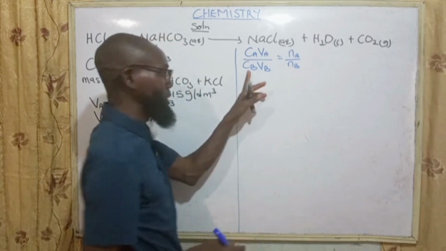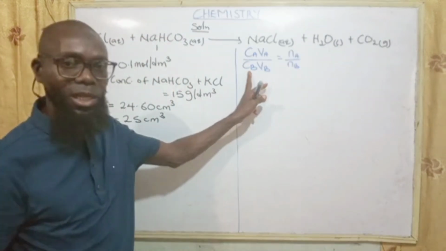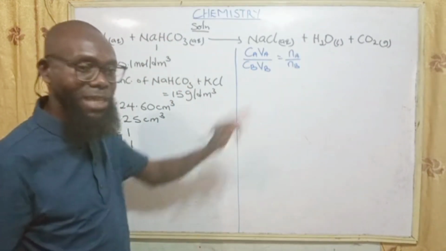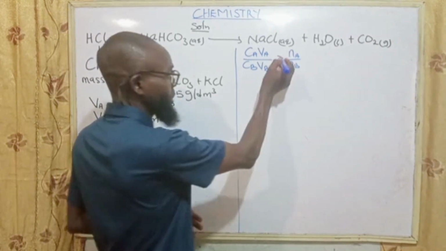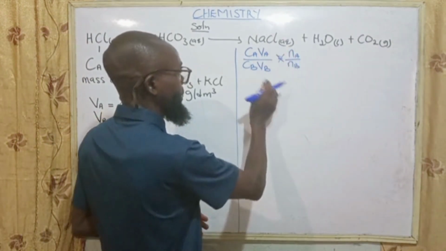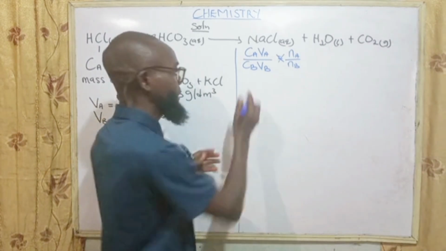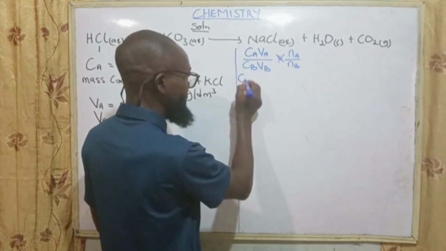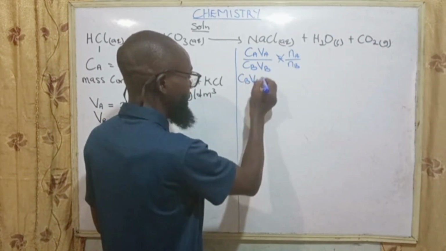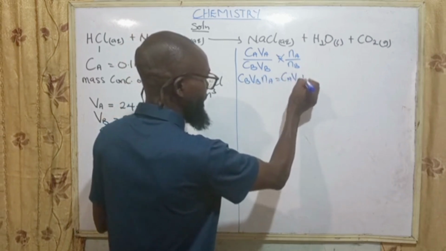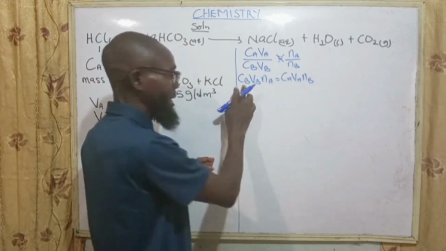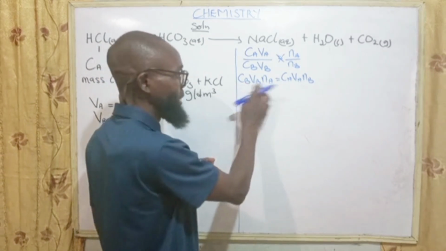So we want to get the concentration of base. The first thing is, let's make Cb the subject of the formula. Let's cross multiply the unknown to the left. CbVb Na is equal to CaVa Nb. To get my Cb, I will divide both sides by Vb and Na.